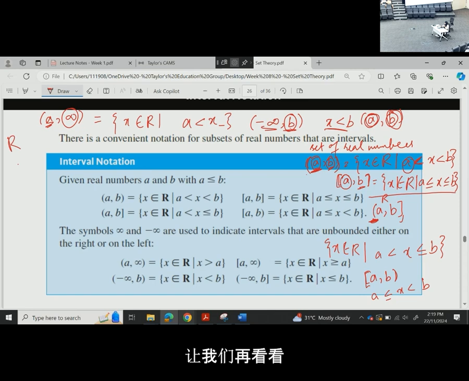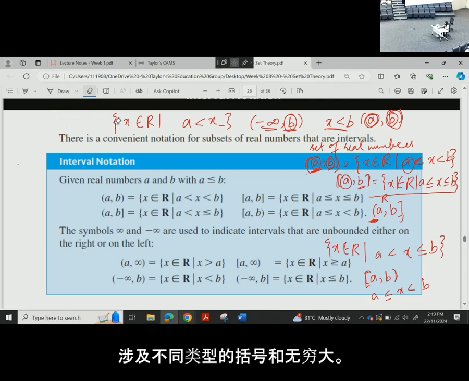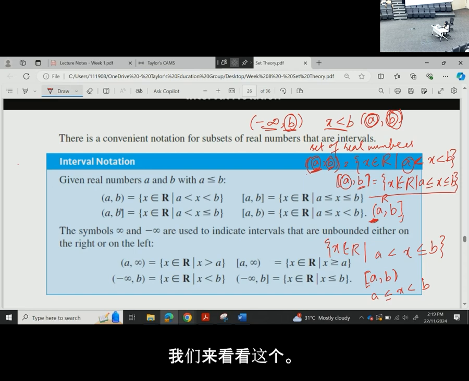And let's also look at the case where you have different types of brackets and infinity is involved. The only difference will be the symbol over there. Let's look at this one.